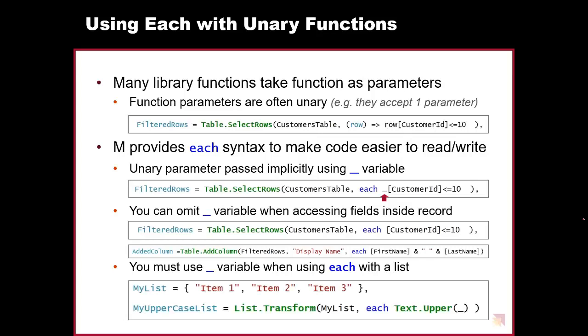What would happen if instead of going through a list of records, you were going through just a list of strings? Let's say that as I move through this list of strings, I want to bounce each one to uppercase. Well, now, for me to refer to the string, I have to use the underscore.